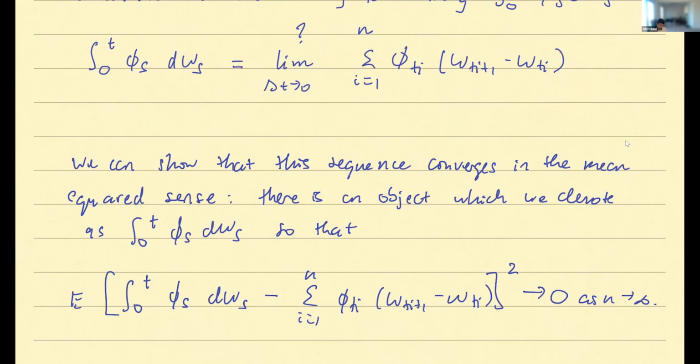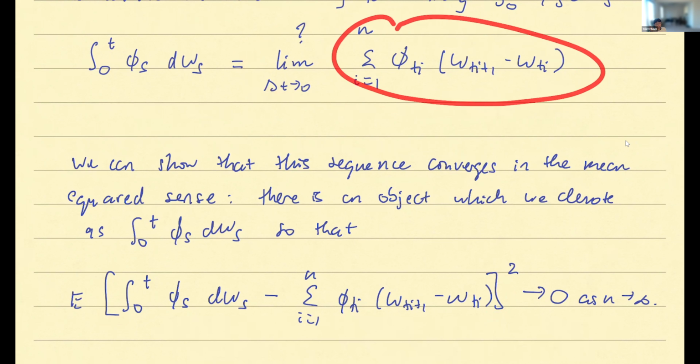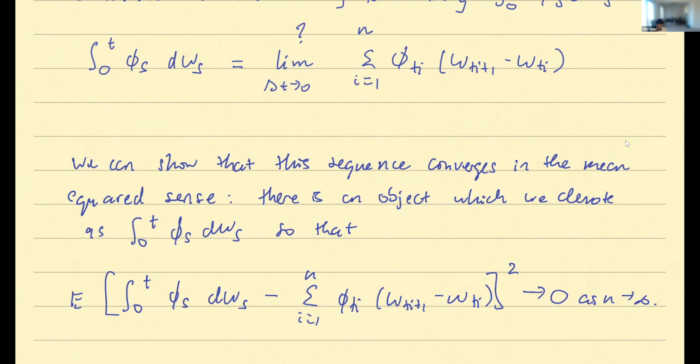But on the other hand, if you take the square on average, then this sum right here is Cauchy in that sense. So there is some object that's well defined, and the sum will converge to that object in the mean square sense. It gets a little bit too abstract here, and I probably don't have an easy way to describe it to you.